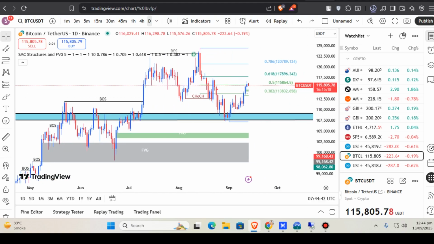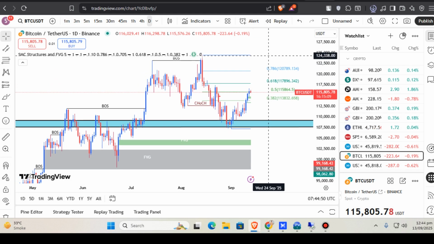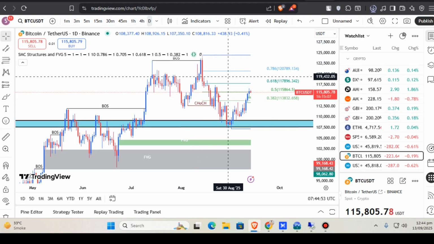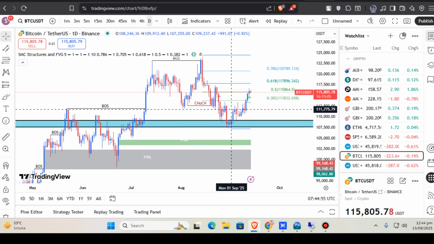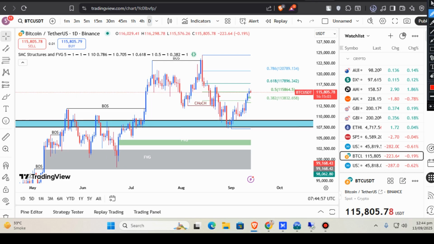upside. But if you analyze here, then a CHoCH had happened here. What does CHoCH mean? Change of character. Break of structure downside does not happen first, but first it happens with the change of character, and then if this low is broken, it will be considered a break of structure downside.